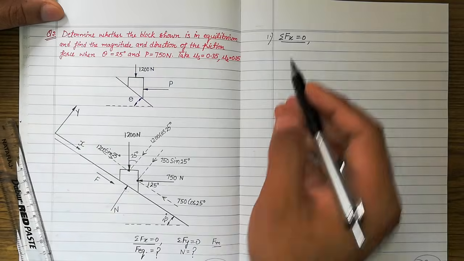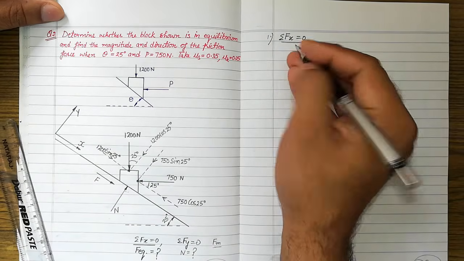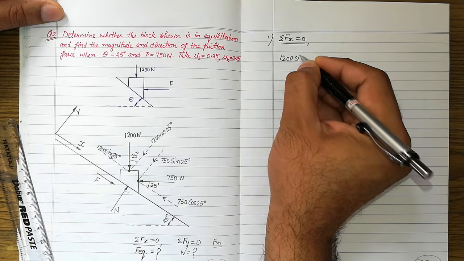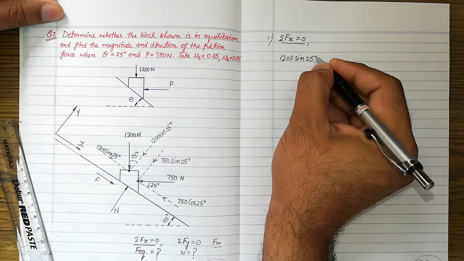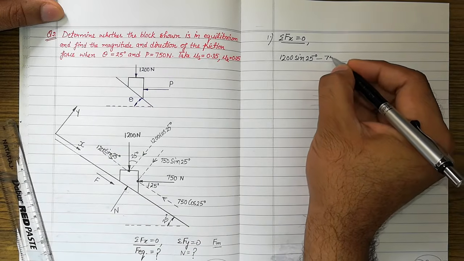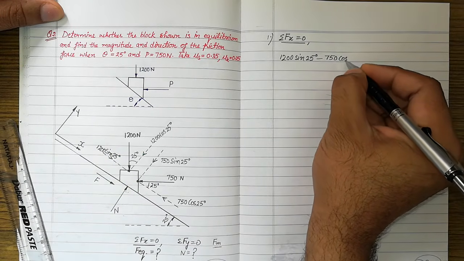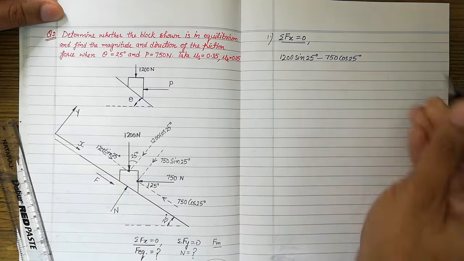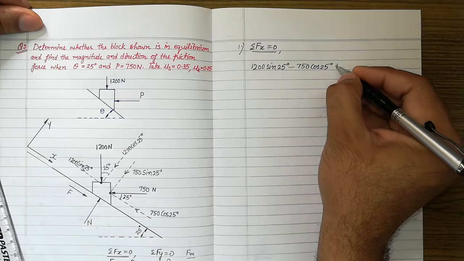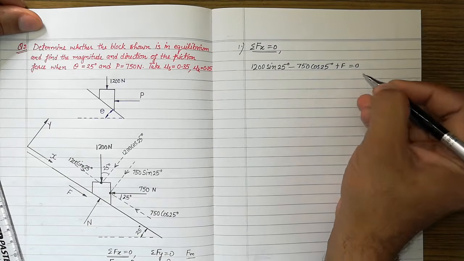Fine. So if we write the equation, we will say 1200 sin 25 minus 750 cos 25 plus F is equal to 0.